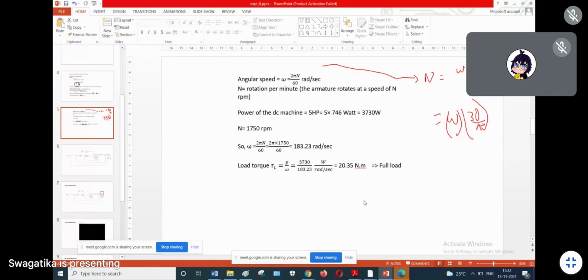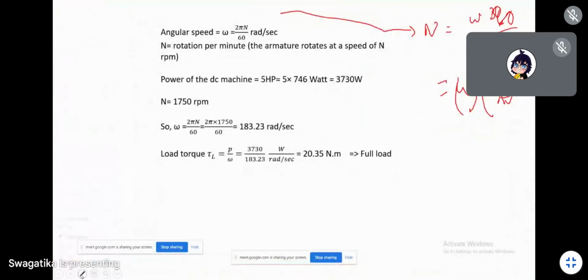So this is our full load, 20.35. Then half you can take. Tau L is the full one, so half is tau L divided by 2, that is 20.35 divided by 2.